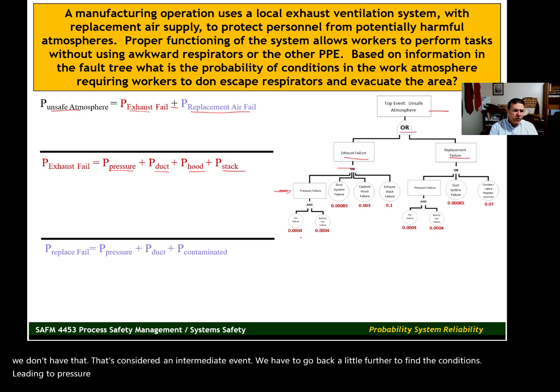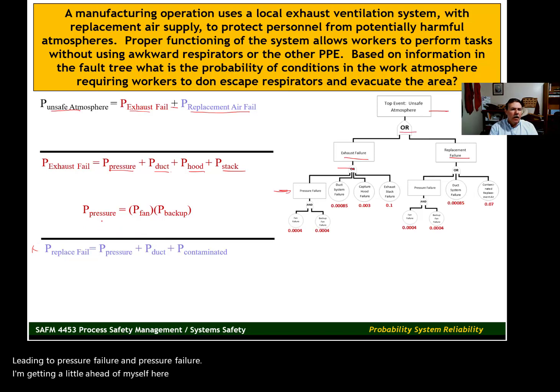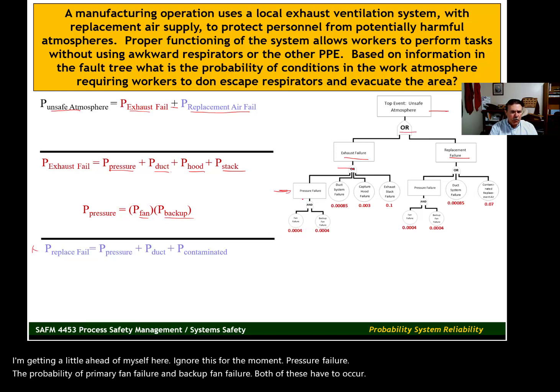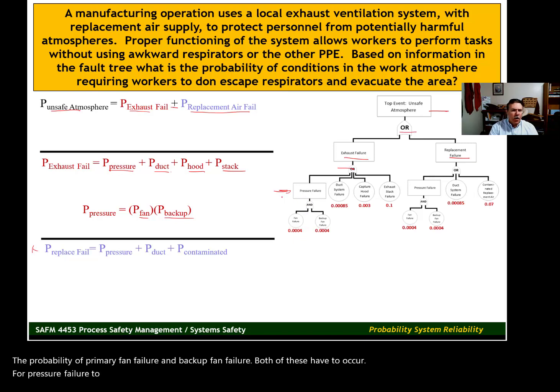And pressure failure, I'm getting a little ahead of myself here. Ignore this for the moment. Pressure failure is the probability of primary fan failure and backup fan failure. Both of these have to occur for pressure failure to occur. The reason I'm using the term pressure is kind of a sidebar. That's what a fan does.